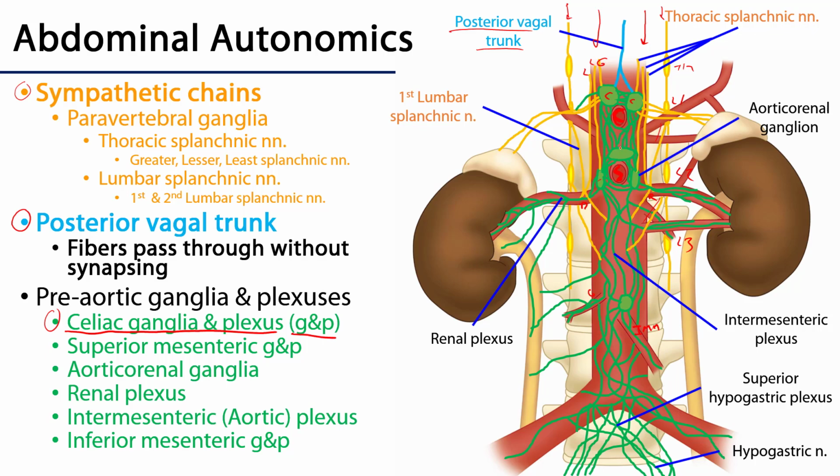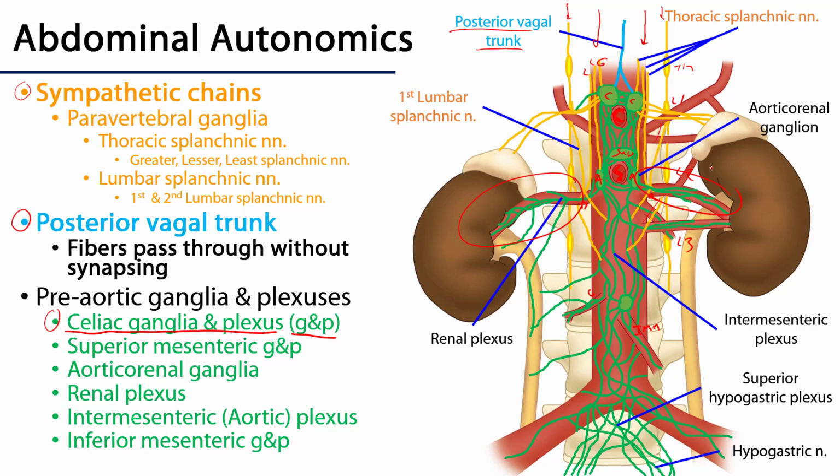There's also a superior mesenteric ganglion and plexus, and it receives all of its fibers from the celiac ganglia and plexus. Those are very closely associated with one another. But flanking that superior mesenteric artery, we're going to have the aortico-renal ganglia. And then upon the renal arteries, I'll just circle them really large, we have the renal plexuses.